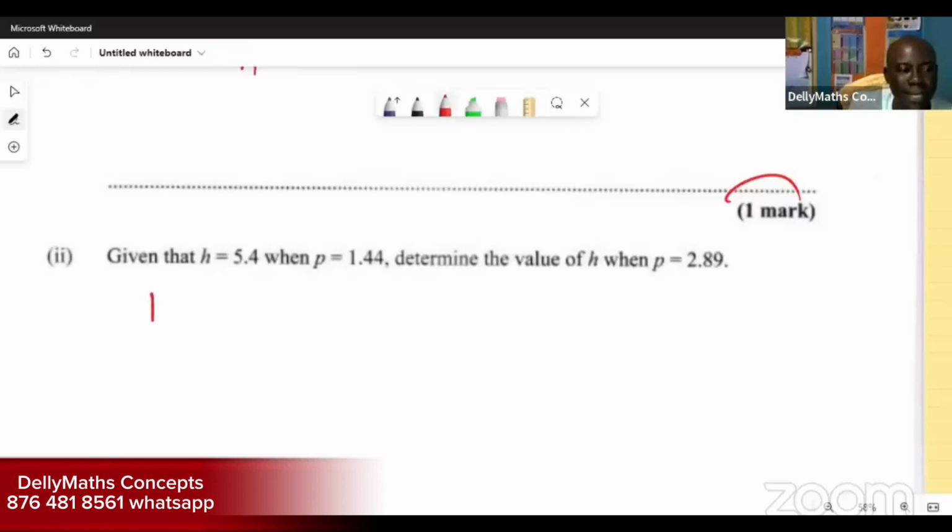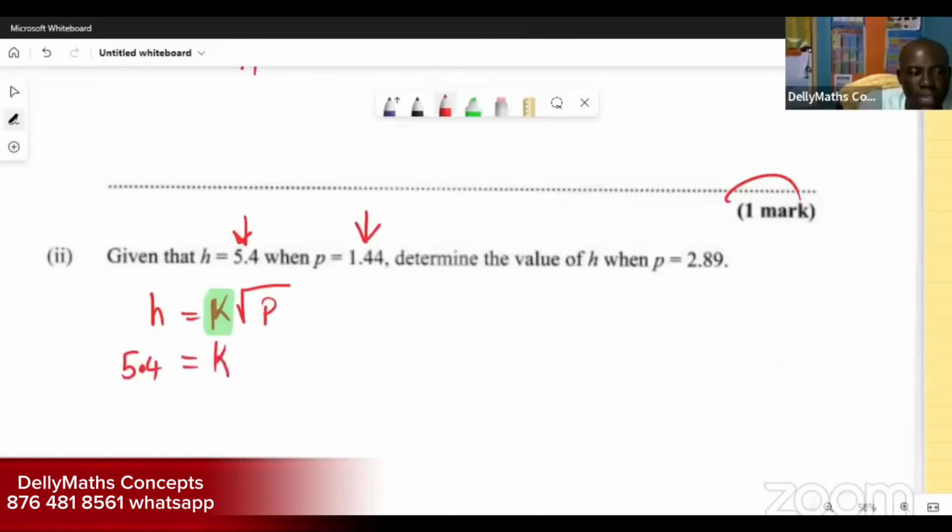The formula says that h is equal to K times the root of P. Now, in order to solve this problem, we have to find a value for our constant of variation K. What we're going to do, though, is to substitute h and P in the known situation to find K. Therefore, h is 5.4, and this is equal to K times the root of P, which is 1.44.